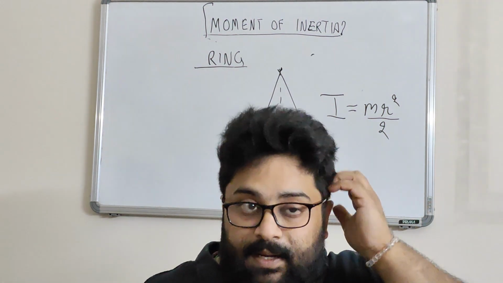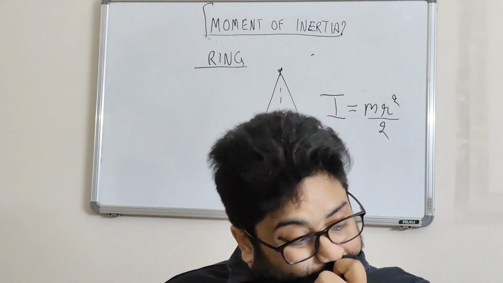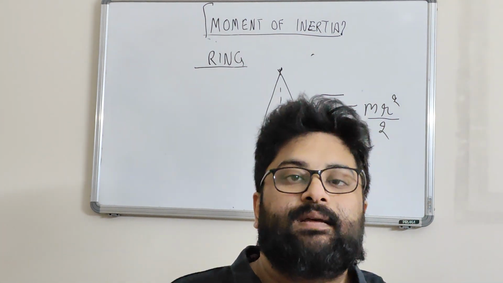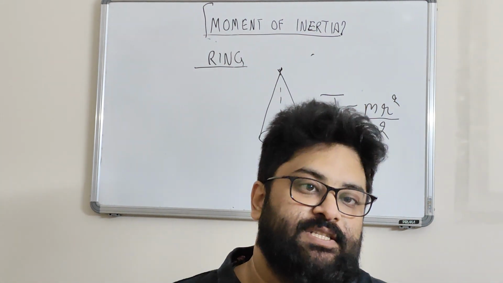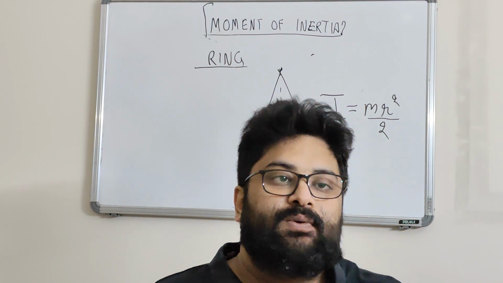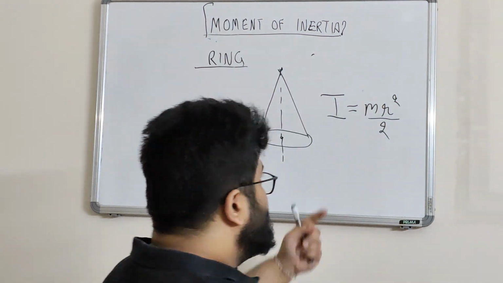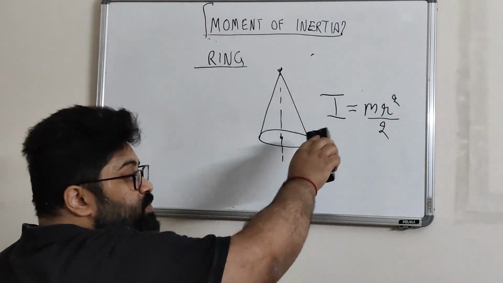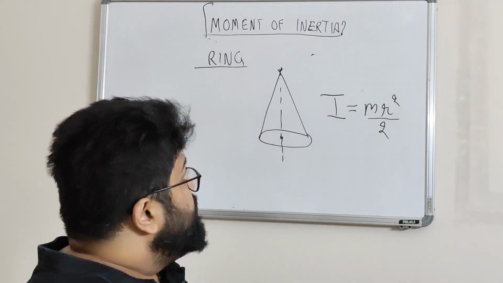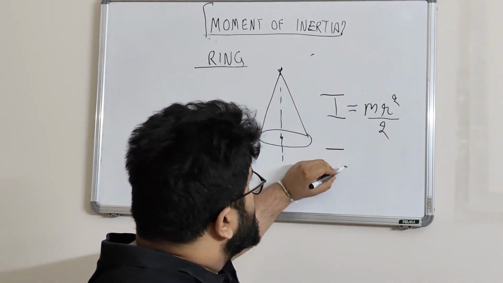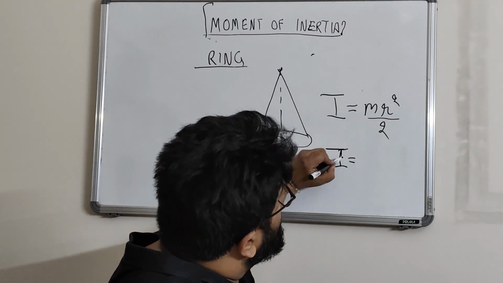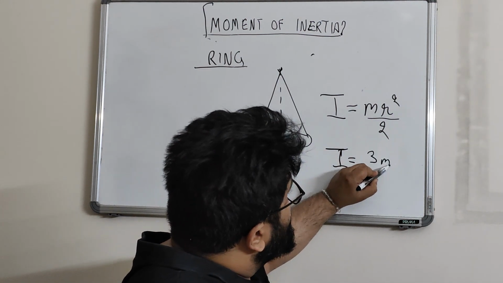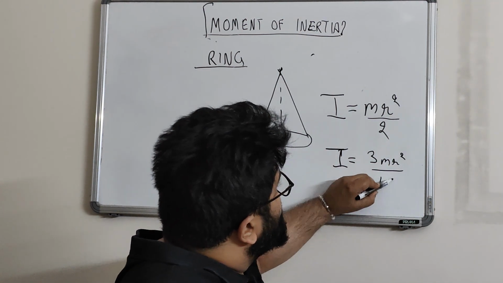In practical use cases and applications, hollow cylinder and ring are used interchangeably, and disc and solid cylinder are used interchangeably, but not this. So please remember that. Now this is the moment of inertia for our hollow cone, but if it were filled, if it were solid, this would become 3 mr square by 10.